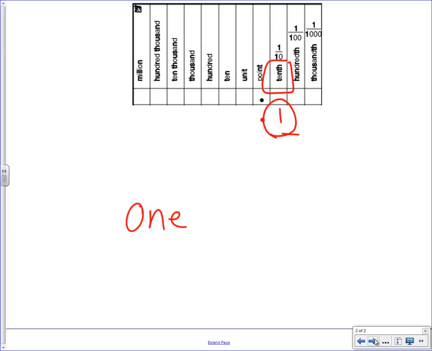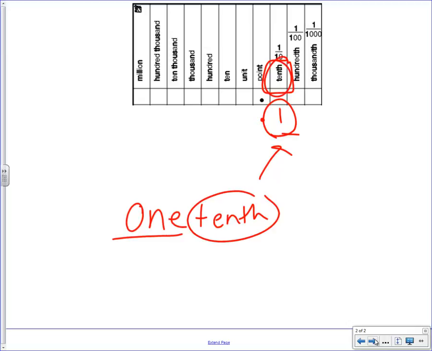And so it's 1, oops, sorry, if I could spell that would be great. 1 is the number that I see, and tenth is the place value of where this number sits on this place value chart. So I would read 0.1 as 1/10.